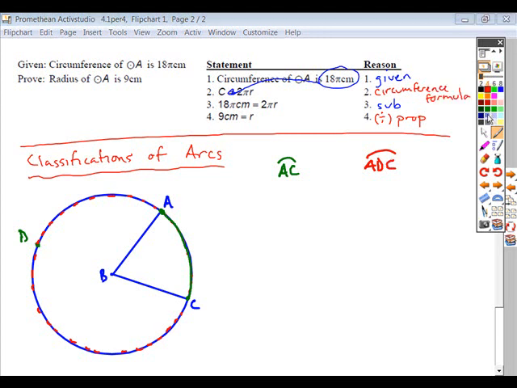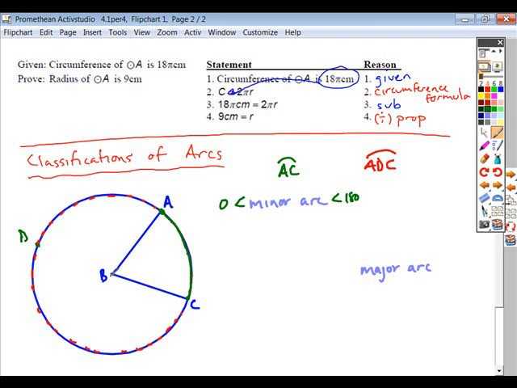And so this classification helps identify the distinction between two things: a minor arc versus a major arc. A minor arc is an arc that is between 0 and 180 degrees. It's not going to include either of those, because at 0 you don't have anything, and at 180 degrees you have a different classification.